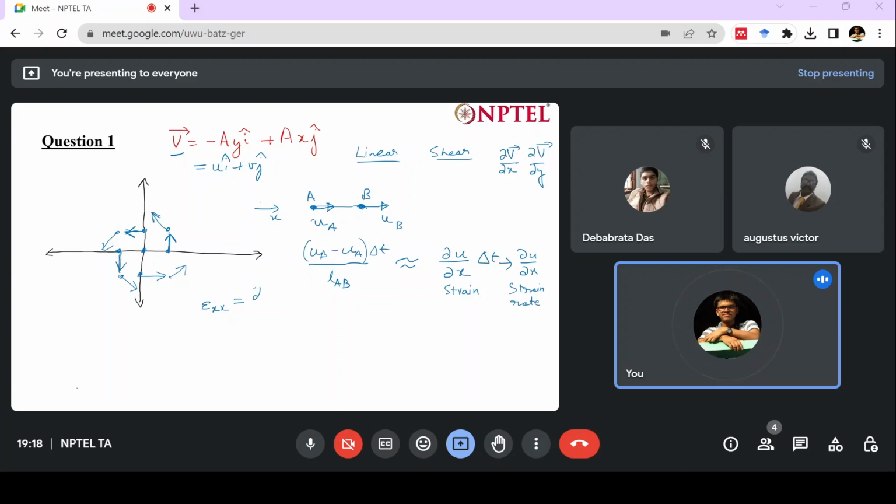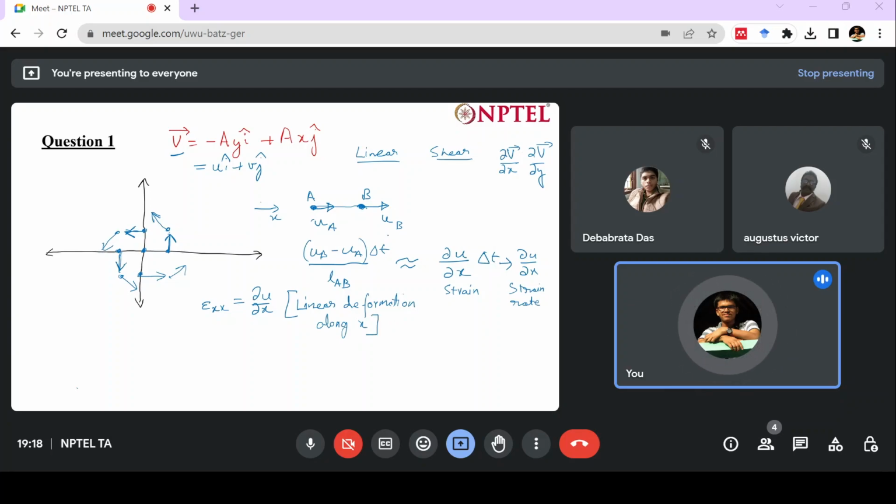This is del u del x. So what does this give us? This gives us linear deformation along the x direction, right?